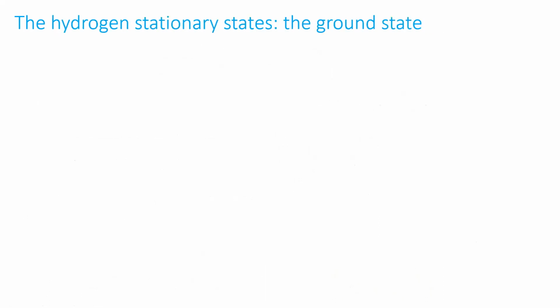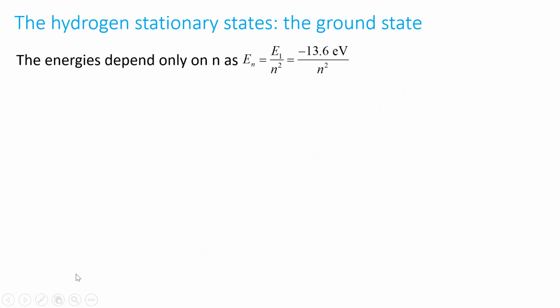All right, so let's see what we get from this, the hydrogen stationary state. The energies we see depend on n as En equals this E1, which was this big combination of constants on the last slide, over n squared. If you calculate it, it turns out to be minus 13.6 electron volts.